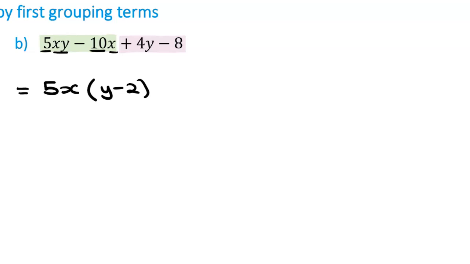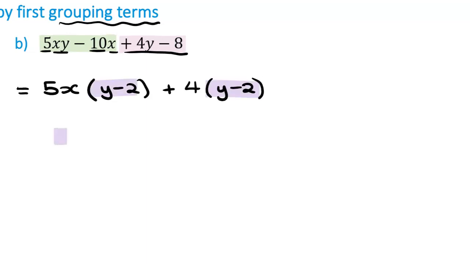So knowing that we're doing this by grouping terms, we're really hoping when we factorize this, we're also going to have a y minus 2 bracket. That will help us know we're on the right track. Okay, let's now factorize this second one here. The highest common factor is going to be 4, and then inside of our brackets, we're going to have y minus 2.